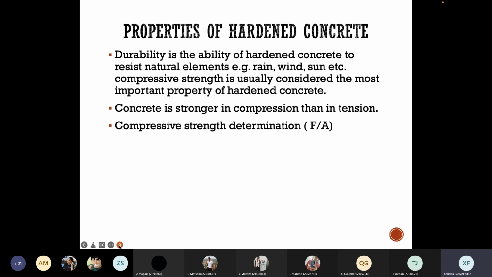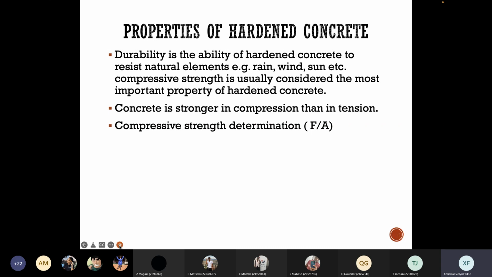And we spoke about the compressive strength, which is usually considered the most important property of hardened concrete, right? The reason why we have reinforcement in concrete is because concrete is very strong in compression and very weak in tension. Therefore, we need reinforcement to fix that problem.